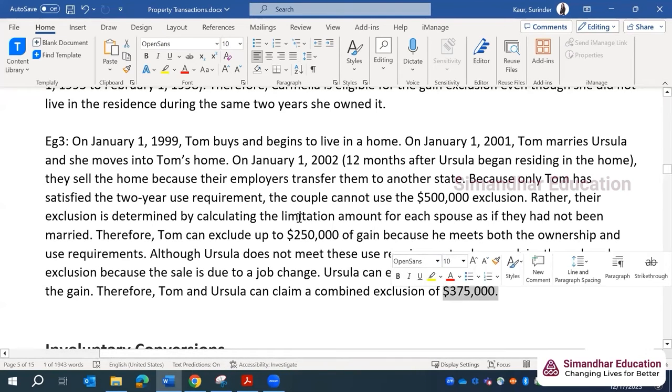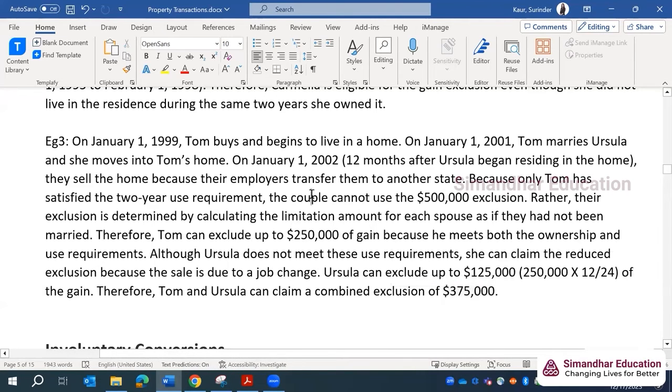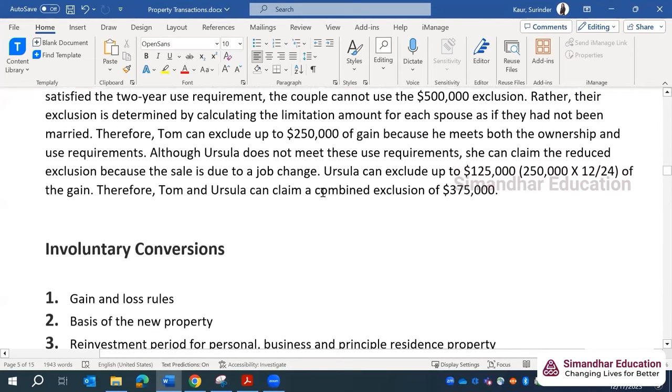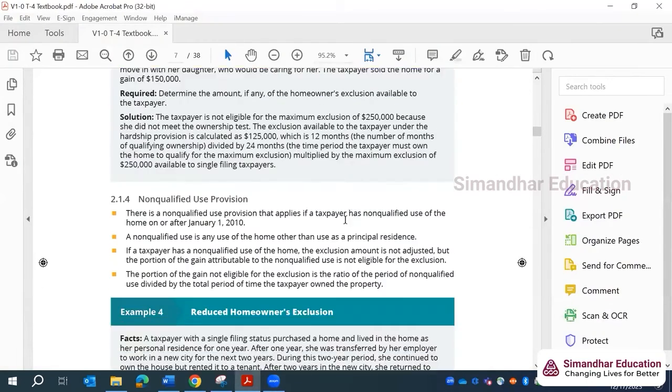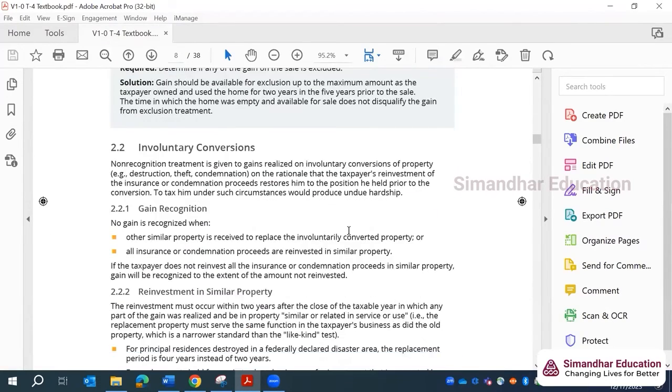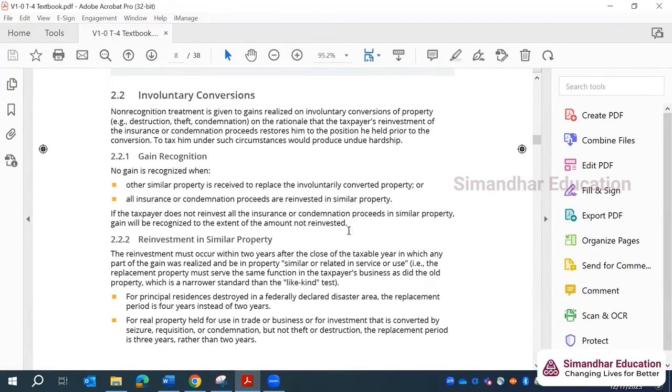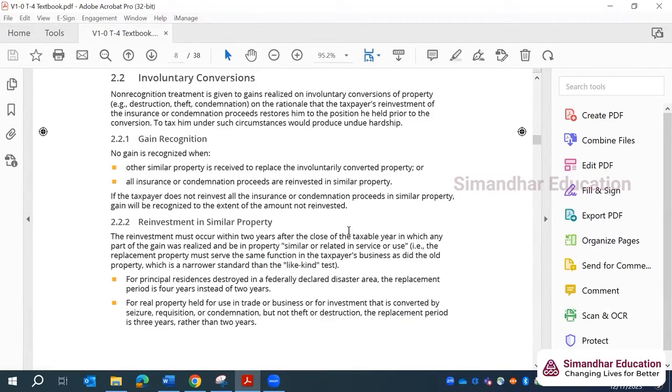So what the government is trying to do here is they are not denying you the entire benefit. Because of the hardship, they are giving you some additional benefits. Okay. So that is our homeowners exclusion provision. That's one transaction where the gains are excluded and you don't pay taxes on it.